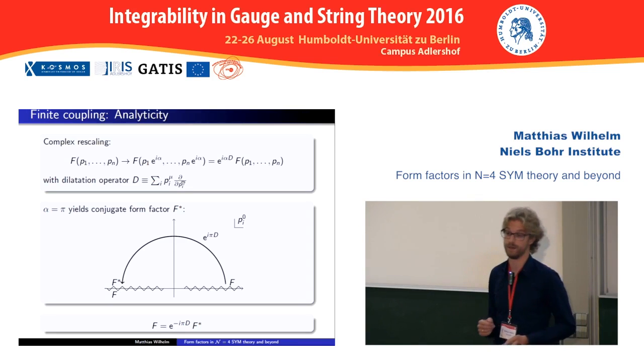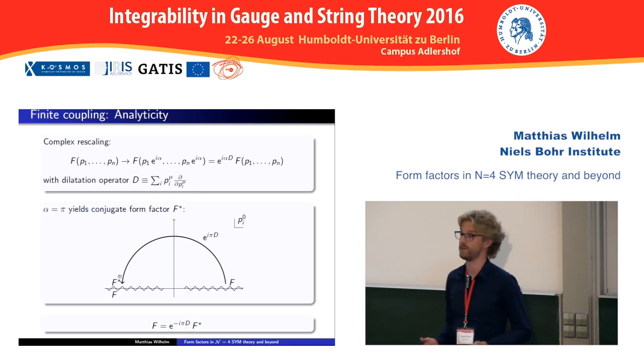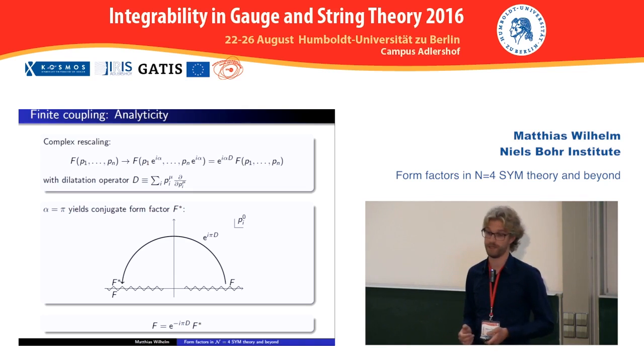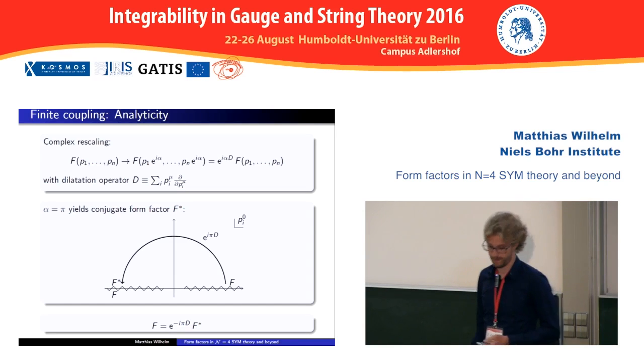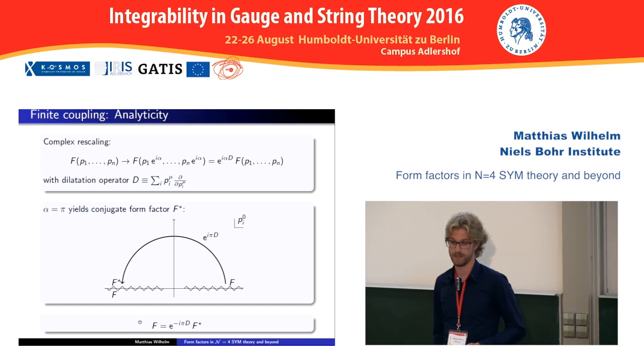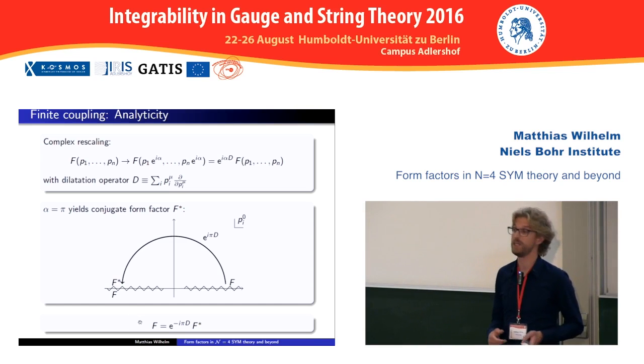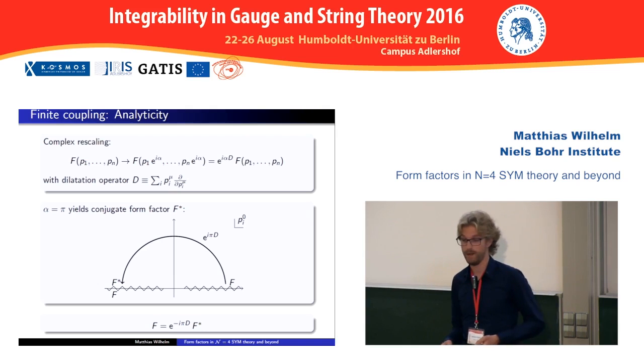If we now look in the complex p0 plane, we find that a rotation by pi brings us to the wrong side of the branch cut. We arrive at the complex conjugate form factor f star, which is the form factor computed using anti-time-ordered propagators. Thus, analyticity tells us that the form factor is equal to e^(i pi D), with D the dilatation operator, acting on the complex conjugate form factor.